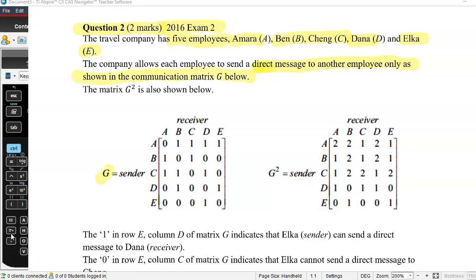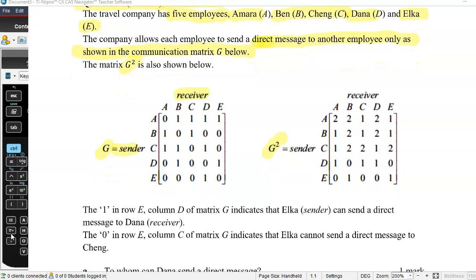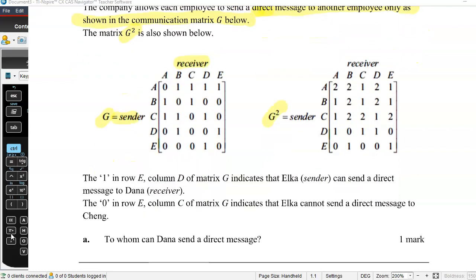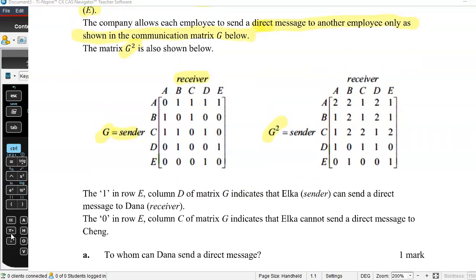So we've got G, our sender and receiver. The matrix G squared is also shown. So you can see here, as part of this information, the 1 in row E, column D of matrix G indicates that Elka can send a direct message to Dana.